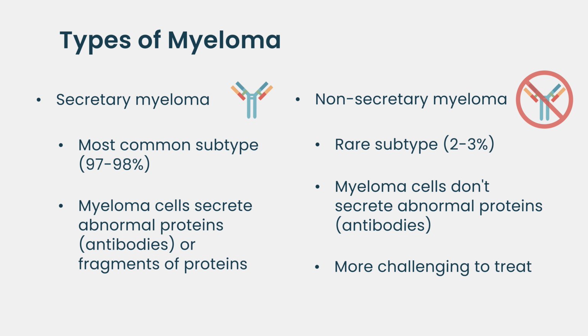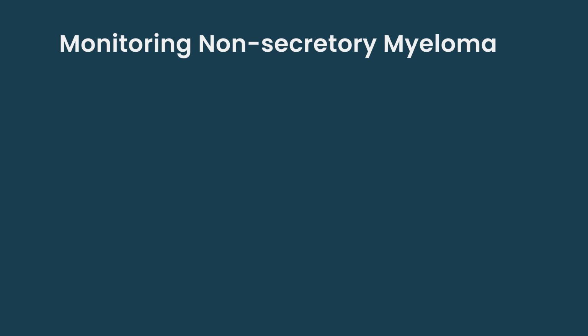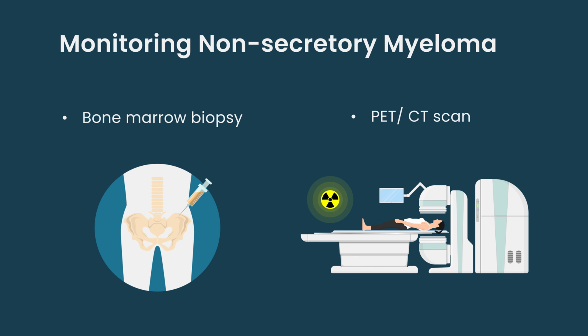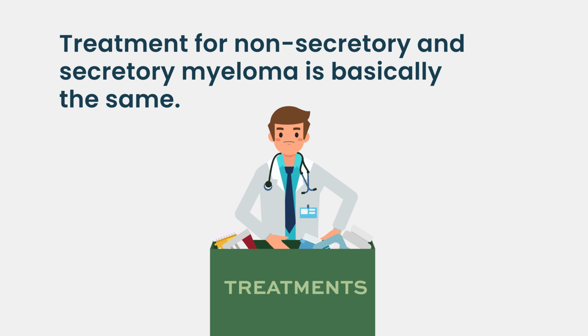And we're stuck using other measurements of the myeloma, either looking at how many plasma cells there are in the bone marrow over repeat bone marrow biopsies, or looking at how much myeloma we can detect in lumps throughout the body on imaging studies like a PET scan or a CT scan or a combined PET-CT scan. But the overall treatment of non-secretory myeloma is pretty much the same as for secretory myeloma, the main difference being in how we're following the disease.